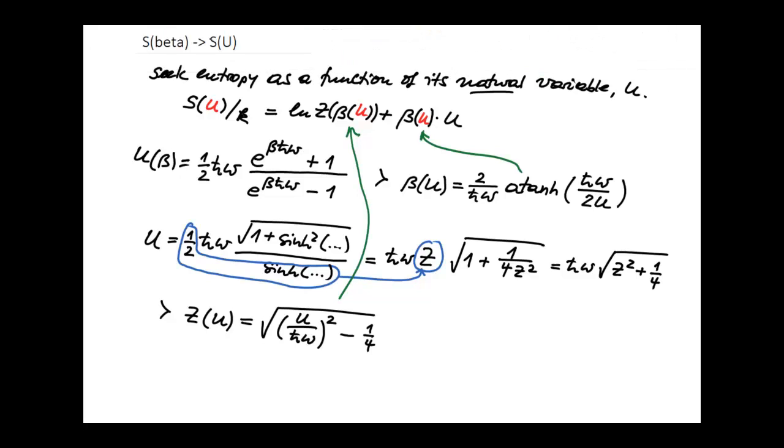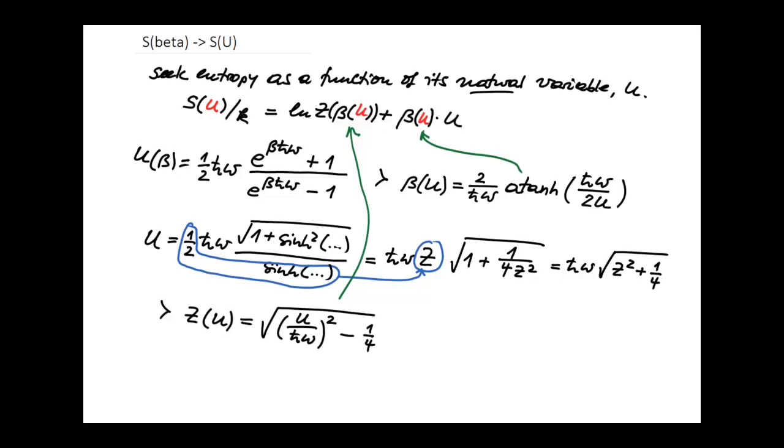Quite generally, what we have just done, going from our starting point, was the partition function: the log of the partition function as a function of beta. That was the first thing that we had calculated. And now, via these intermediate steps, we have obtained the entropy as a function of u.